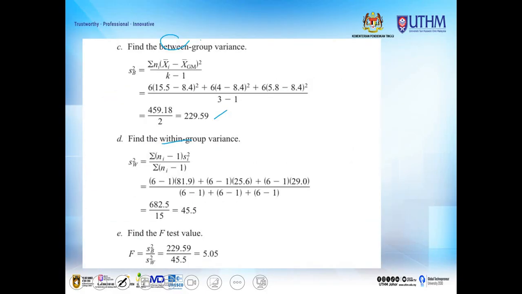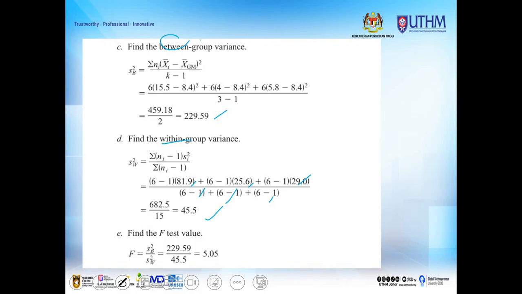Next, within the group we have 6 minus 1 times the variance, for each of the 3 different samples. So 5 plus 5 plus 5 will get 15. So your within group variance is 45.5.